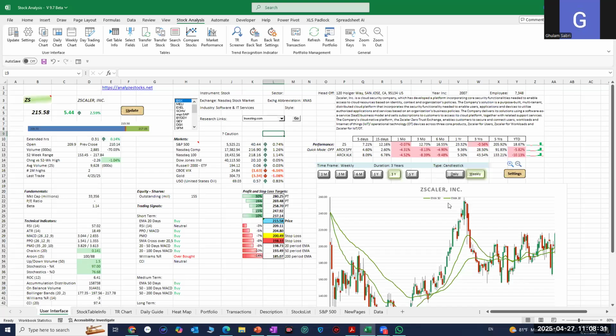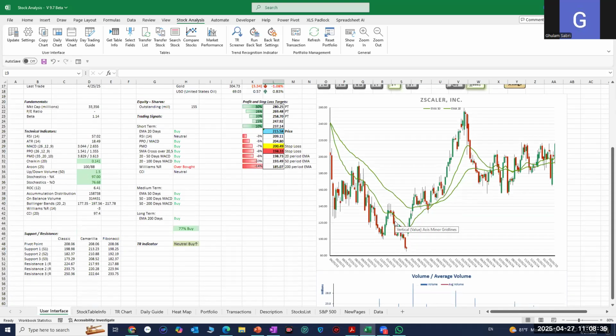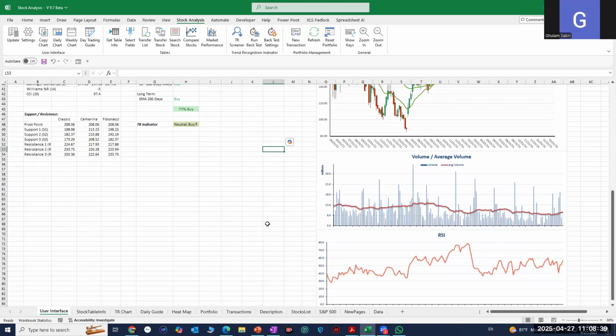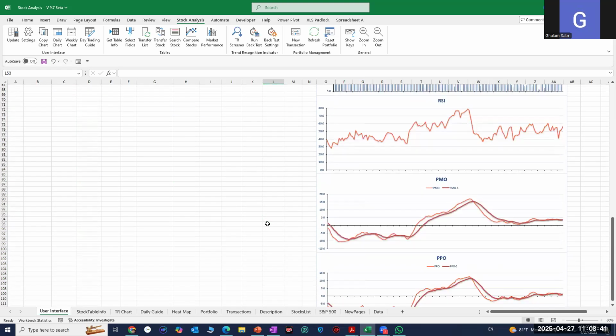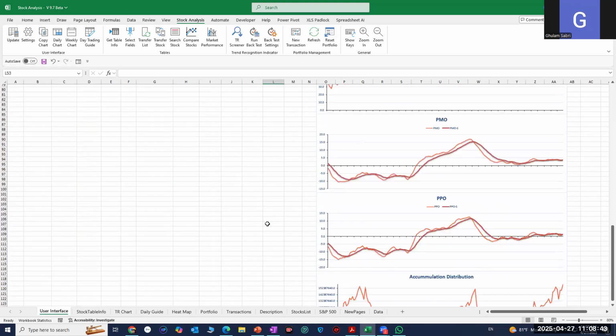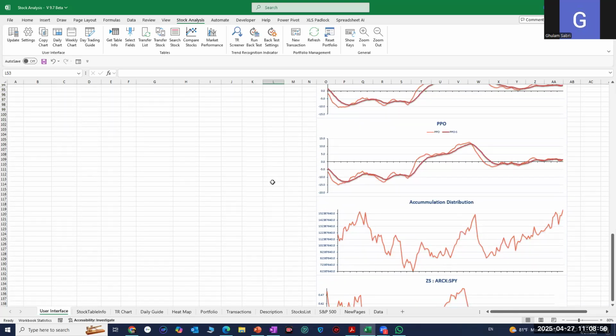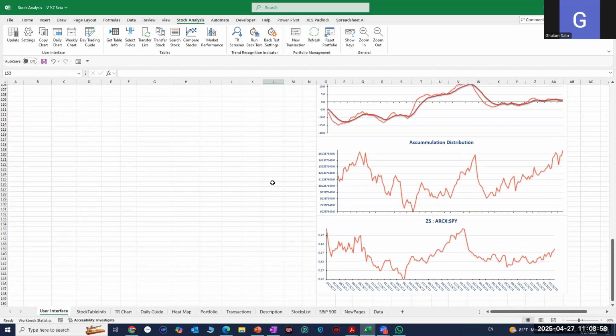And we have different graphs here for the ticker symbol and its indicators, like volume, average volume, relative strength, and different technical indicators. These are my favorites: percent price oscillator PPO, percent momentum oscillator, price momentum oscillator PMO, accumulation distribution, and a relative strength chart.